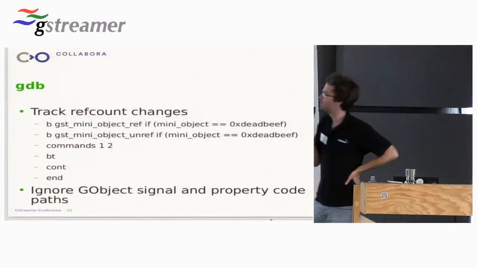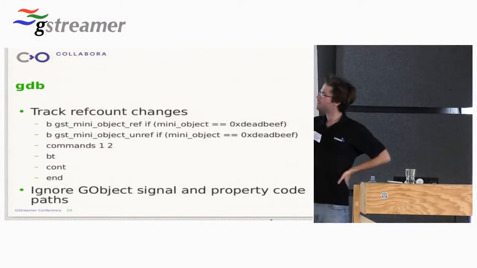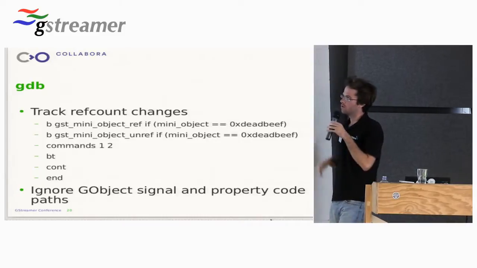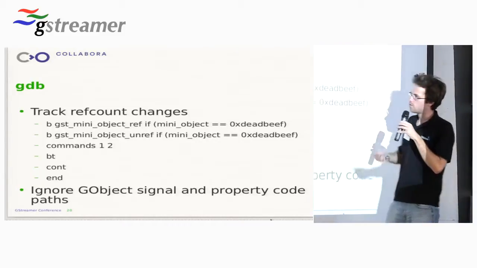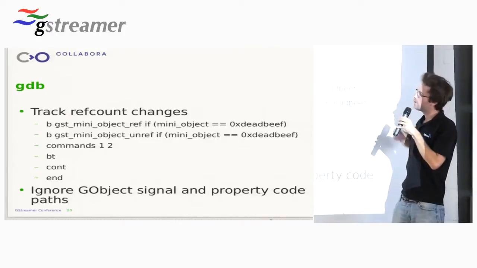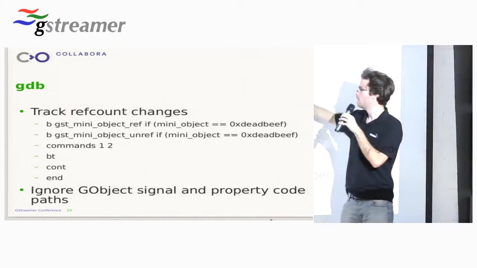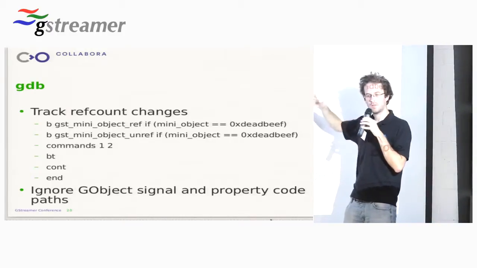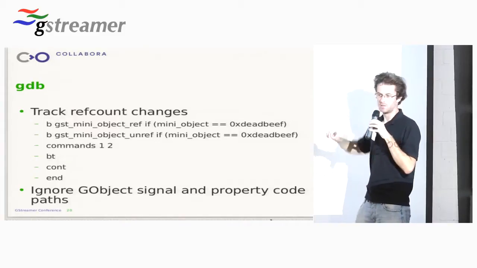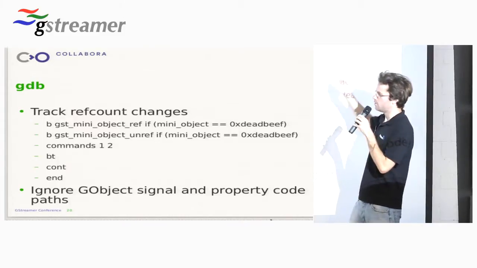Another trick I use a lot is using GDB. GDB is the GNU debugger, as you probably know, and it can do a lot of useful things. One of those is you can ask it, each time a specific function is called with a specific argument, please do something.